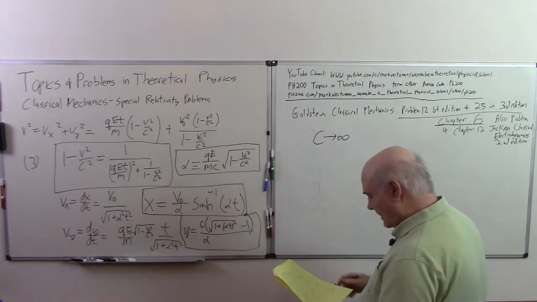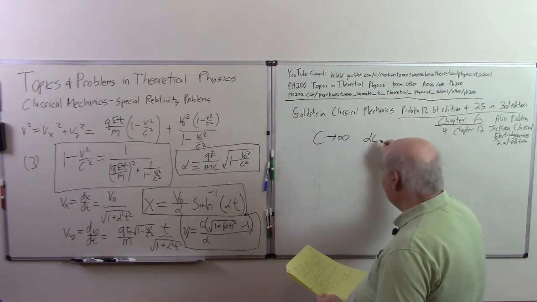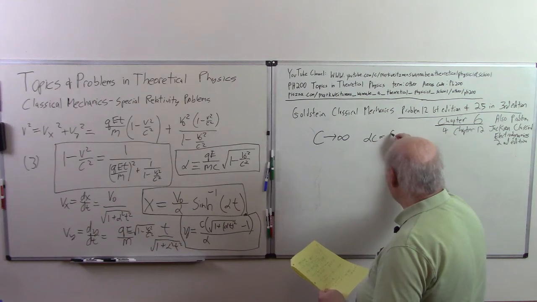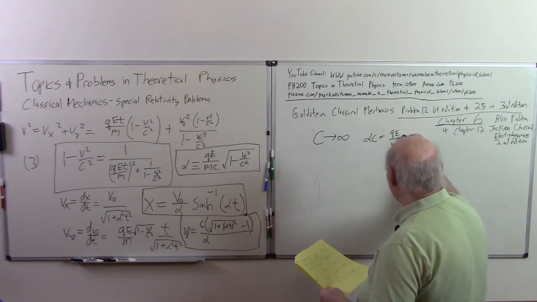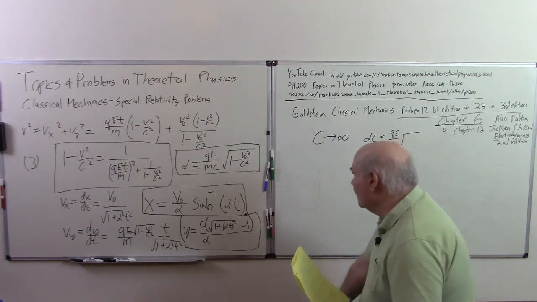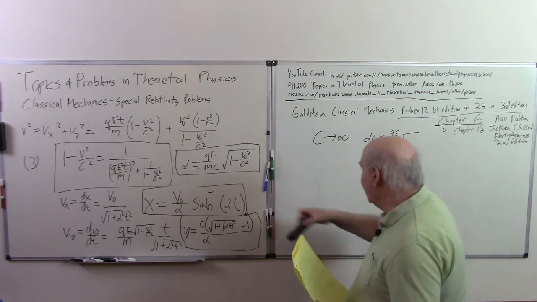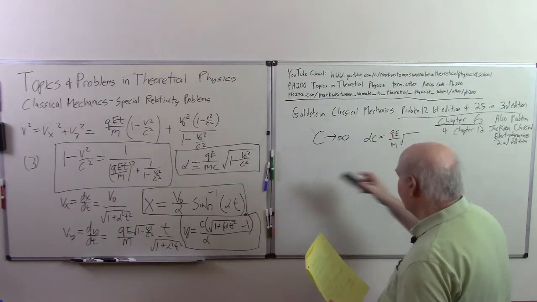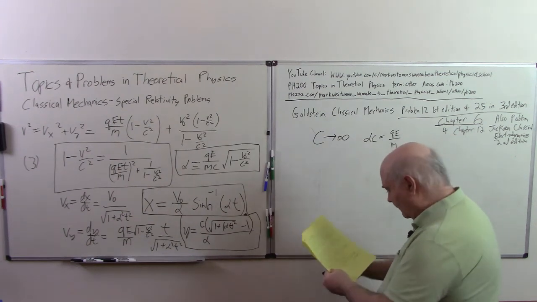So when c goes to infinity, alpha c goes to qE over m, because c goes to infinity, and that will kill that. That will make that 1. So that's what alpha c goes to.